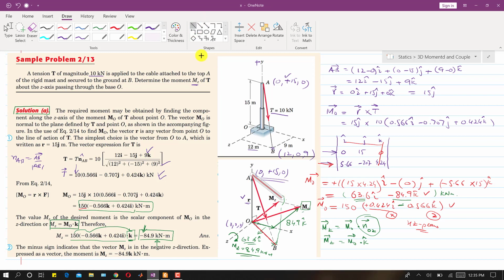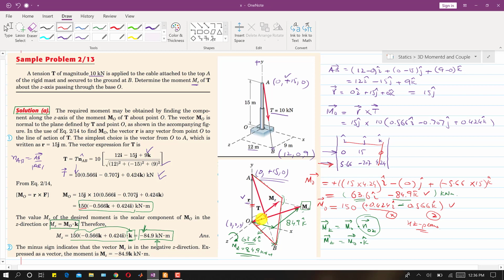Now if I draw a vertical line from this point B to here, this is a plane. As we can see, T and R are lying in this plane, so the resulting moment will always be perpendicular to this plane. This moment about O is perpendicular to this plane.